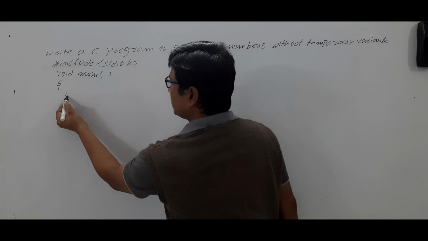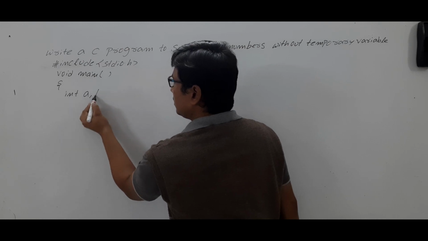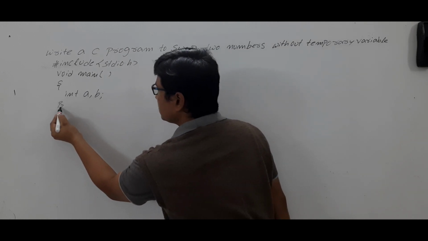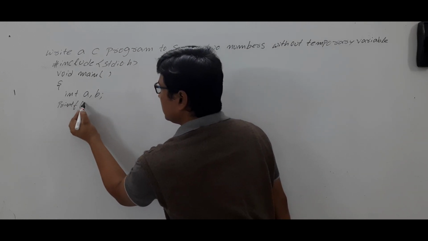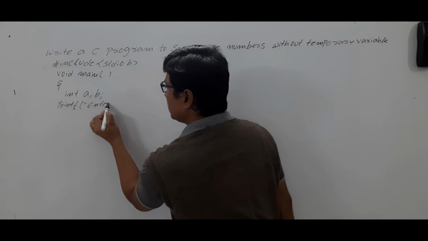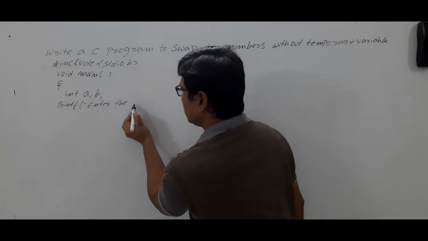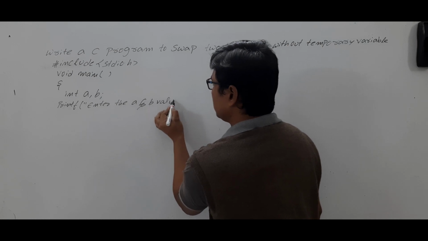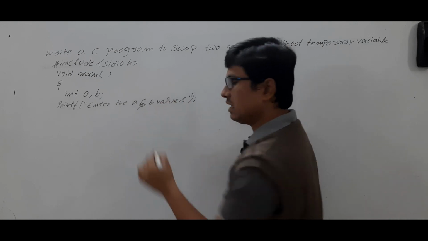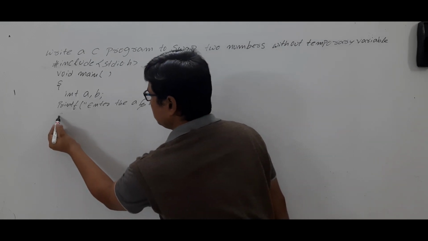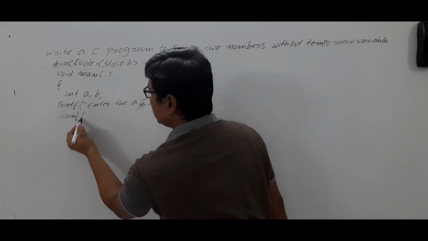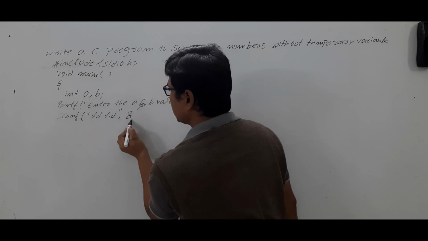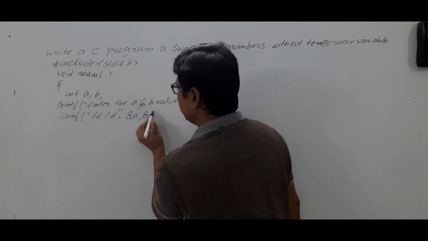Then I will take two integers a and b, and I will ask the user printf enter the a and b values. Let me write like this, enter the a and b values. Now scanf %d ampersand a comma ampersand b.